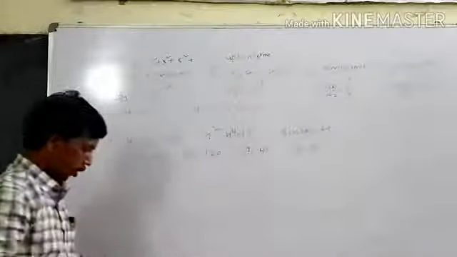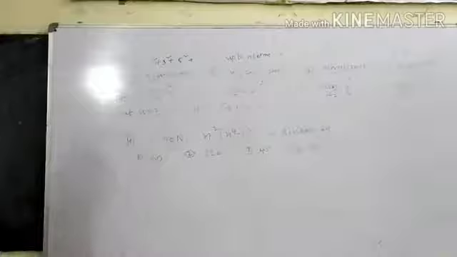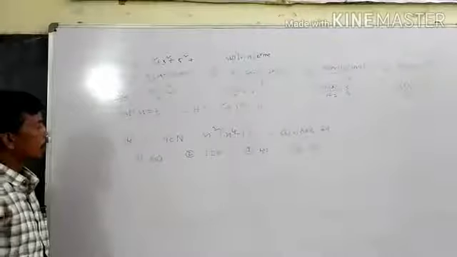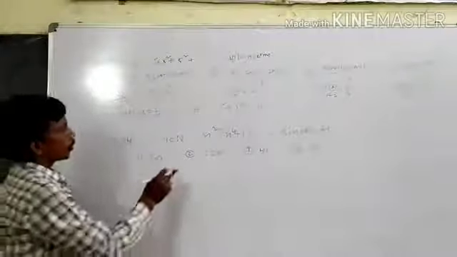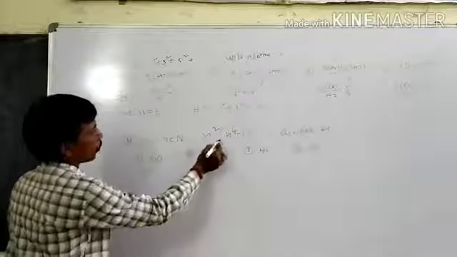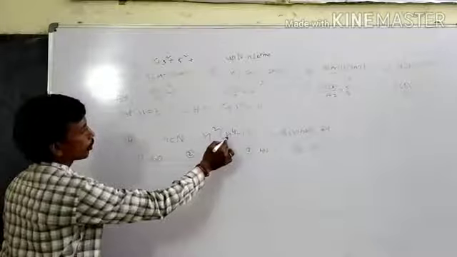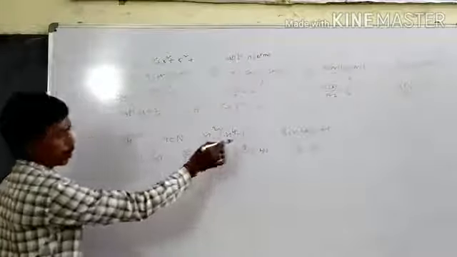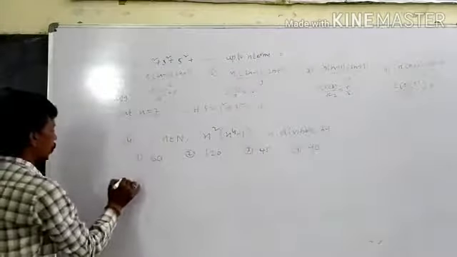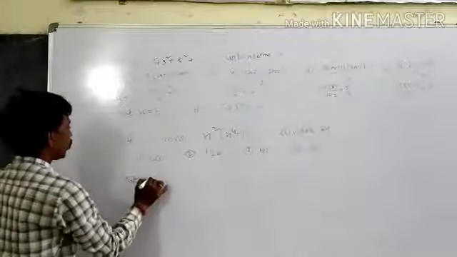Okay. Now first we put n equal to 1. Then that value is 1 minus 1, 0. So 0. So put n equal to 2.